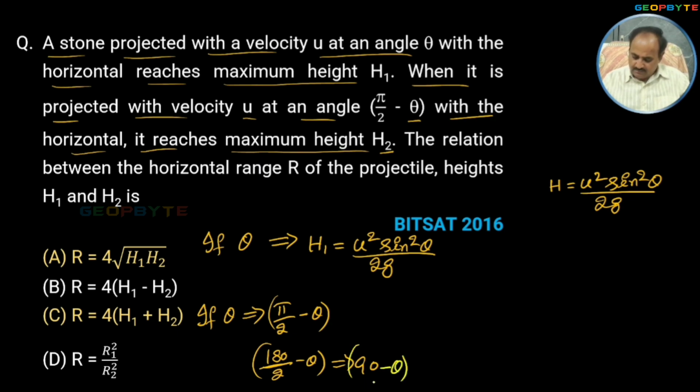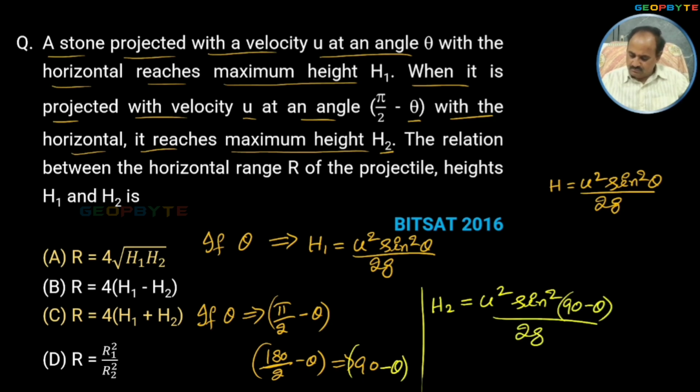Then the maximum height h2 equals u square sin square of (90 minus theta) divided by 2g. As we know, sin (90 minus theta) equals cos theta.